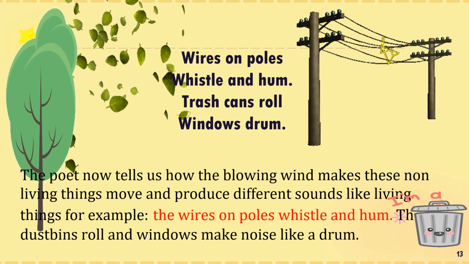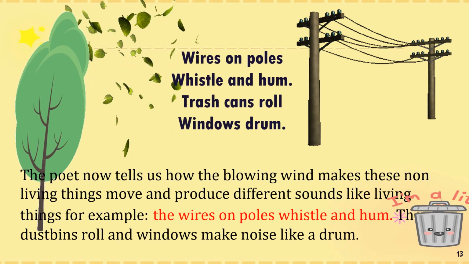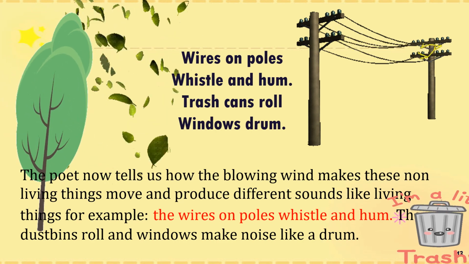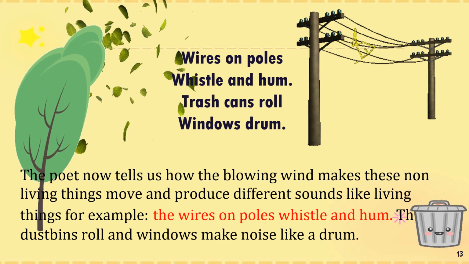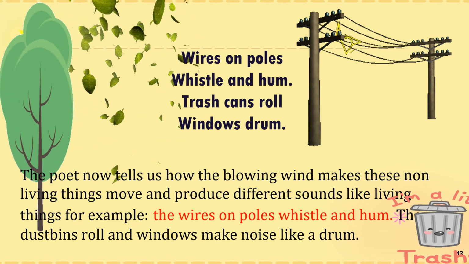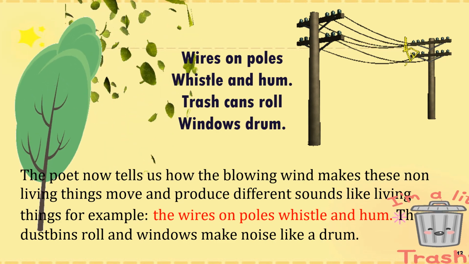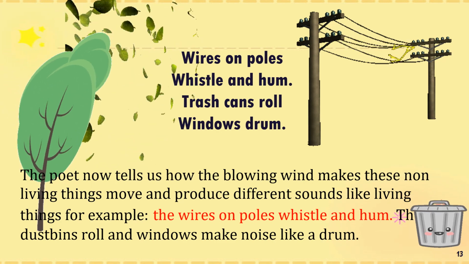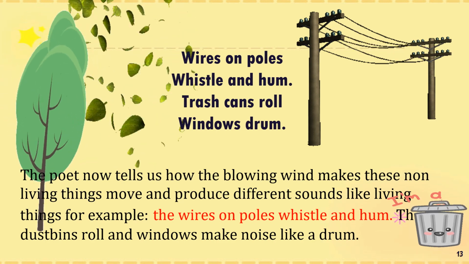Wires on poles whistle and hum, trash cans roll, windows drum. The poet now tells us how the blowing wind makes these non-living things move and produce different sounds like living things. For example, the wires on poles whistle and hum.